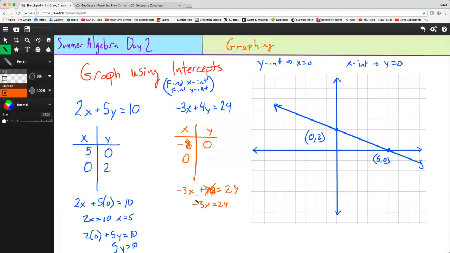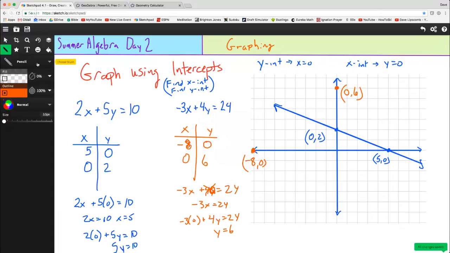And then when x is 0, we say -3 times 0 plus 4y equals 24. If you solve that, you get y equals 6. So let's plot those. 1, 2, 3, 4, 5, 6, 7, 8. So here's (-8, 0). And then (0, 6), 1, 2, 3, 4, 5, 6.